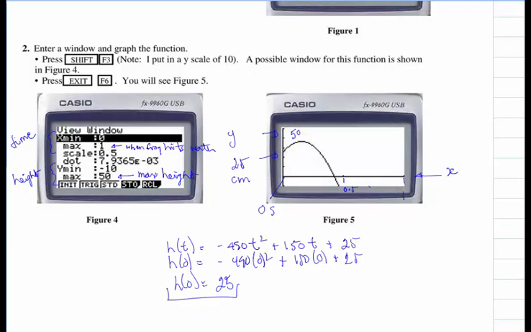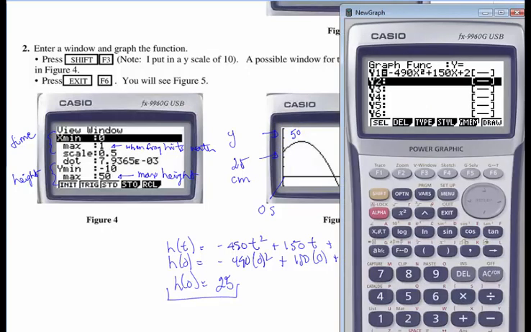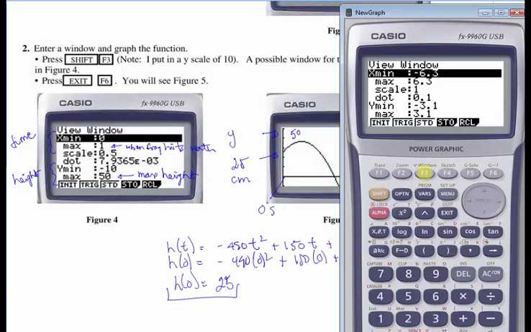Okay, so let's get our calculator back. We want to go Shift F3. We're going to enter in 0 for our x min, so 0, execute. Our x max we're going to put in as 1, execute. My scale is going to be 0.5, execute.